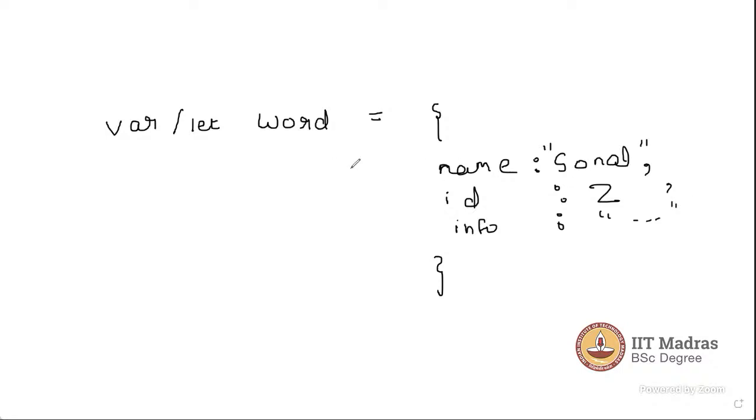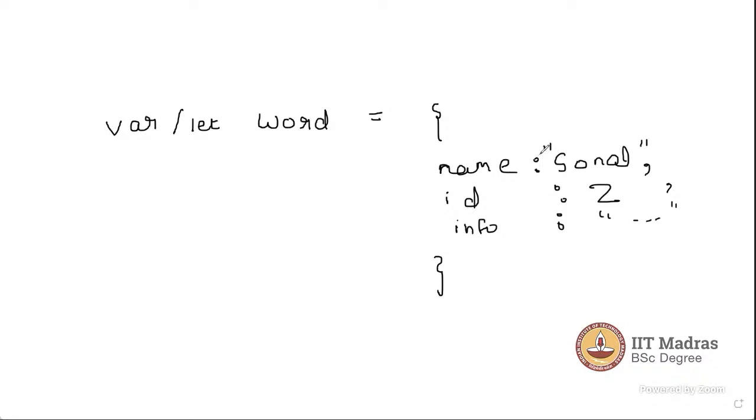So basically, we create JavaScript objects like that, opening a set of curly braces with key value pairs separated by a colon, and the pairs separated by commas.